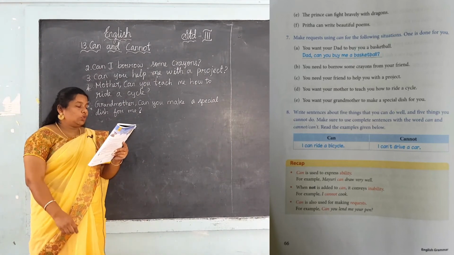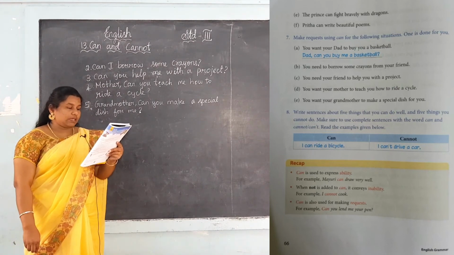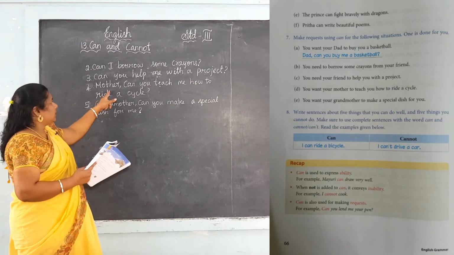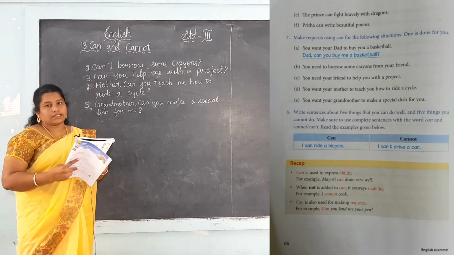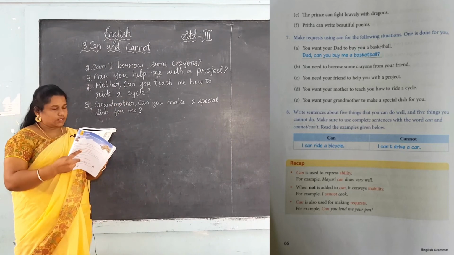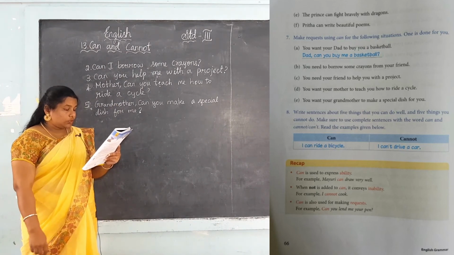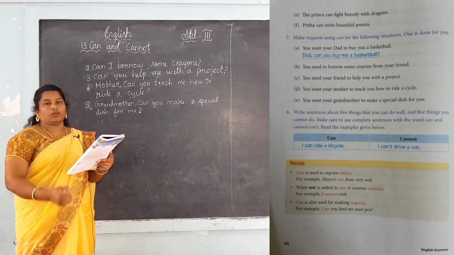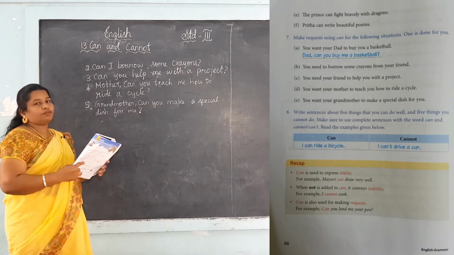Next one, you want your mother to teach you how to ride a bicycle. Mother, can you teach me how to ride a bicycle? Yes, this is the request sentence. Next one, you want your grandmother to make a special dish for you. Grandmother, can you make a special dish for me?